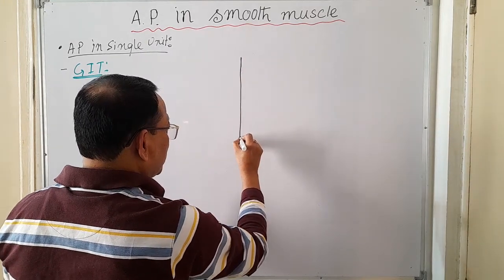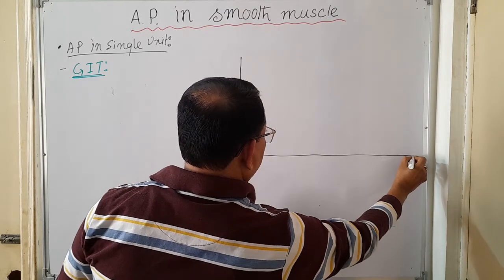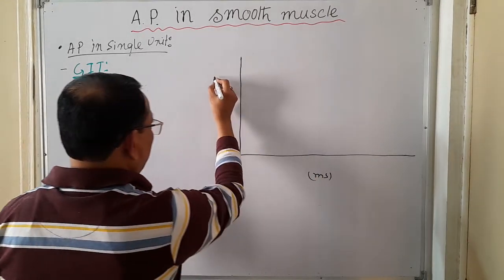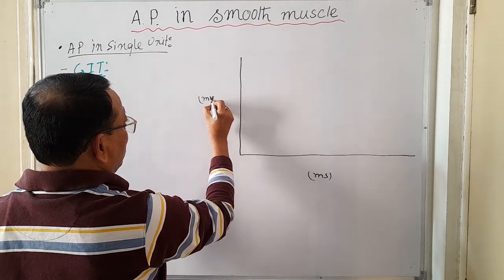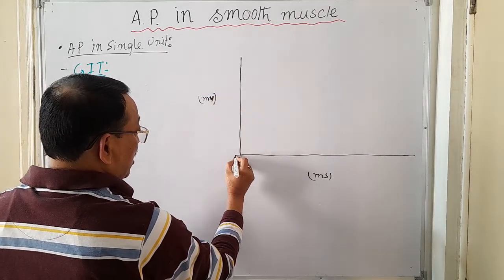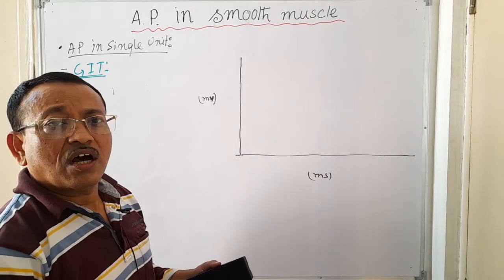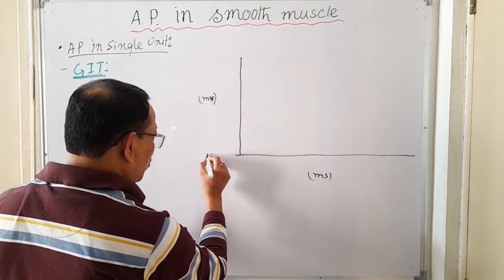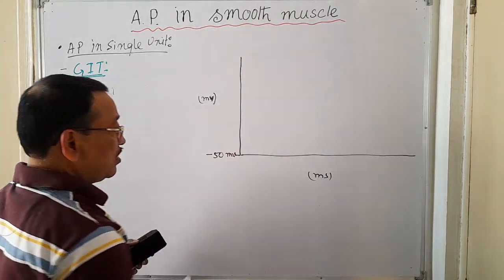The membrane potential is the slow wave membrane potential. So this is the duration in milliseconds and the electromotive force in millivolts. The smooth muscles of the gastrointestinal tract have a resting membrane potential of minus 50 millivolts.